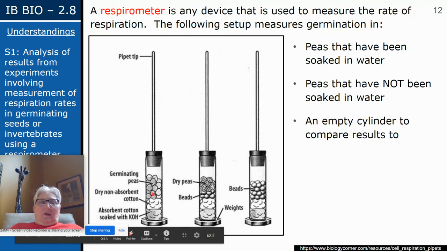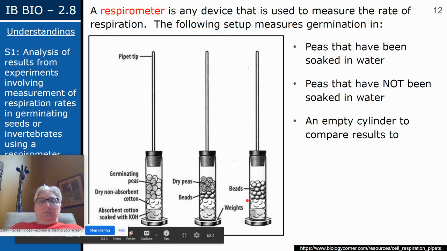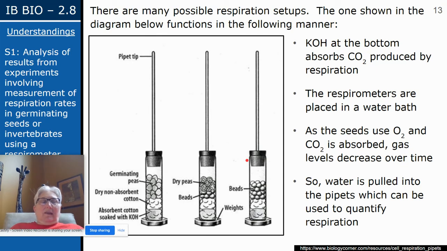Now, this is an instrument that we call a respirometer. And this is one of the required labs that we would be doing if we were together. So this is just a look at the setup. We will do this as one of our required labs next year. And we will take a look at seed germination and where the oxygen comes from, and the carbon dioxide, all of those things we'll take a look at when we actually do this lab in person.